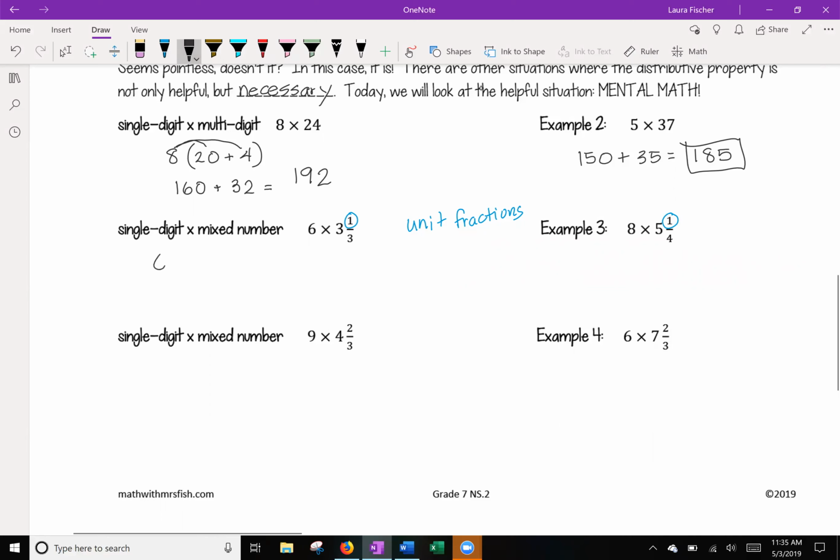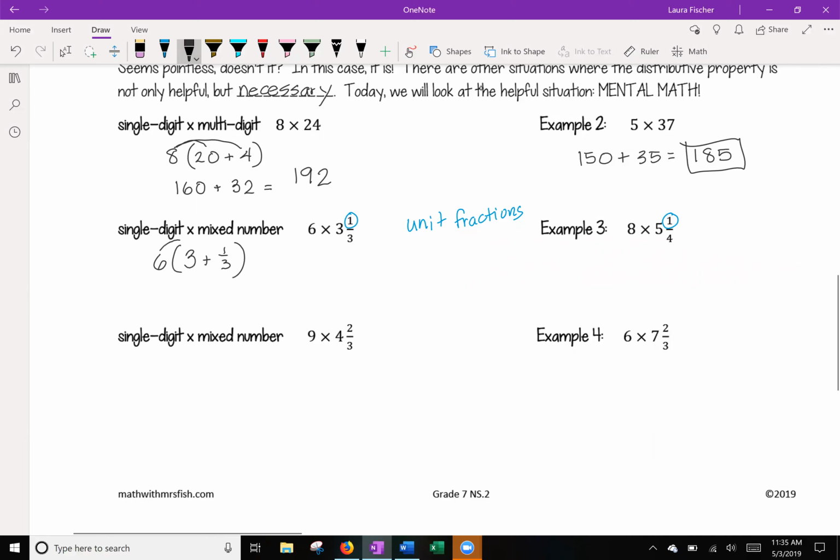So what it looks like, and again, we're only writing this out so that we can follow the process, is 6 times 3 1/3. We take that 3 and we break it 3 plus 1/3, which is the same thing as 3 1/3.